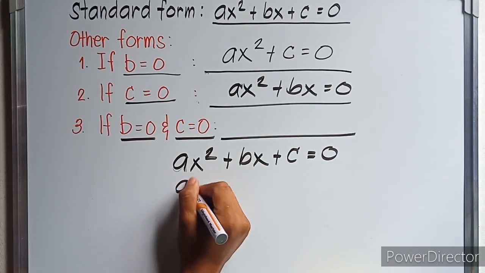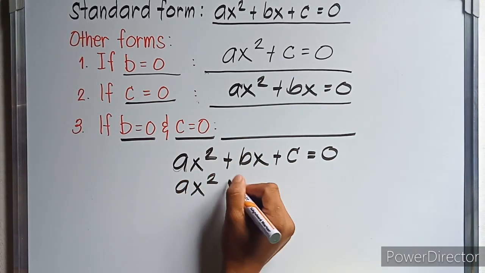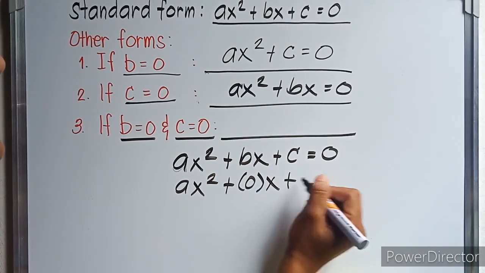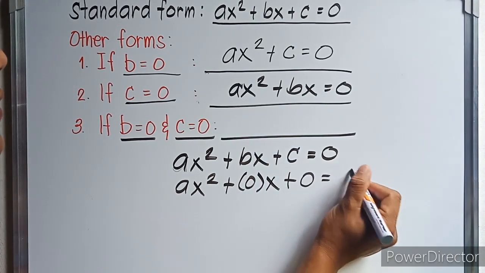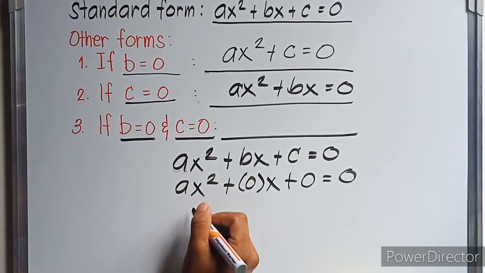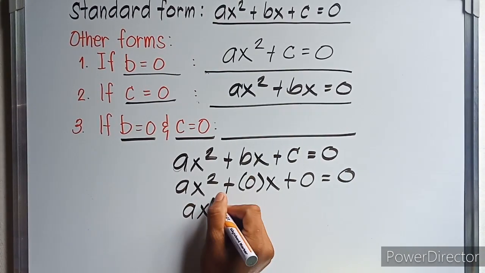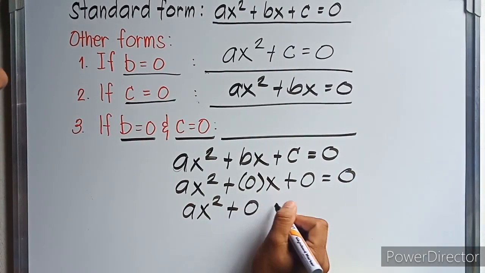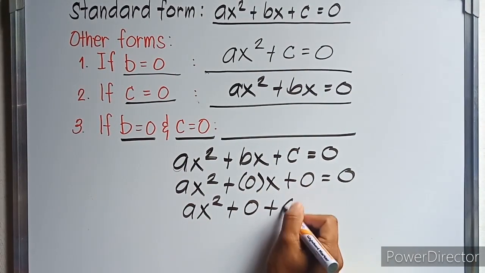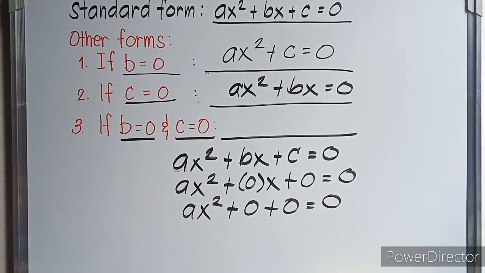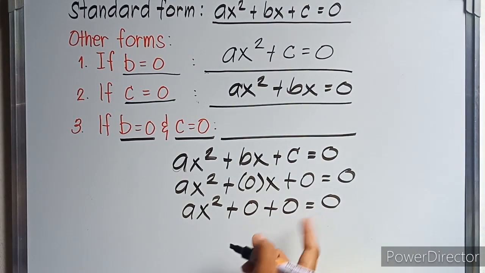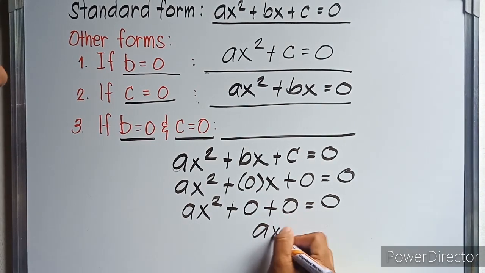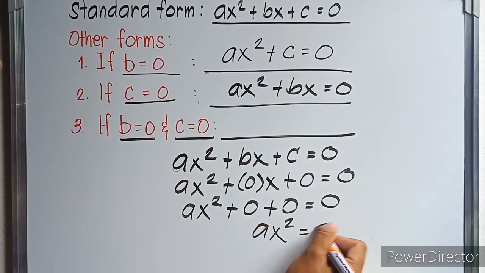So that will become ax squared plus 0x plus 0 is equal to 0. So ax squared, 0 times x is 0, plus 0 is equal to 0. So the remaining will be ax squared plus 0, which is ax squared equals 0.